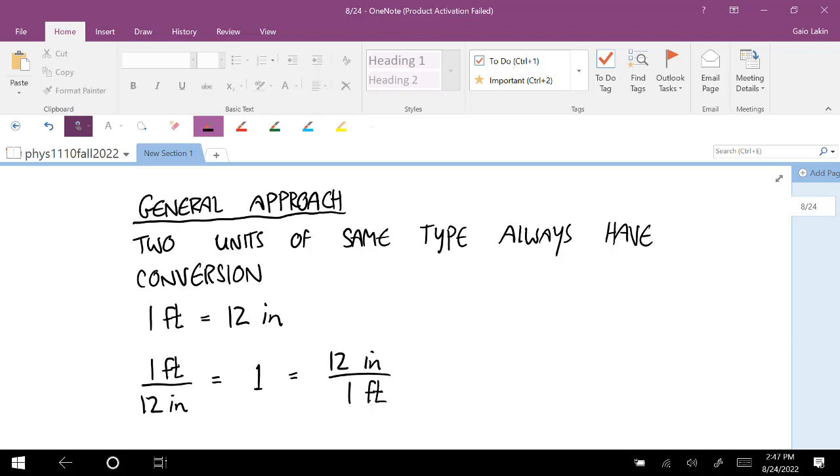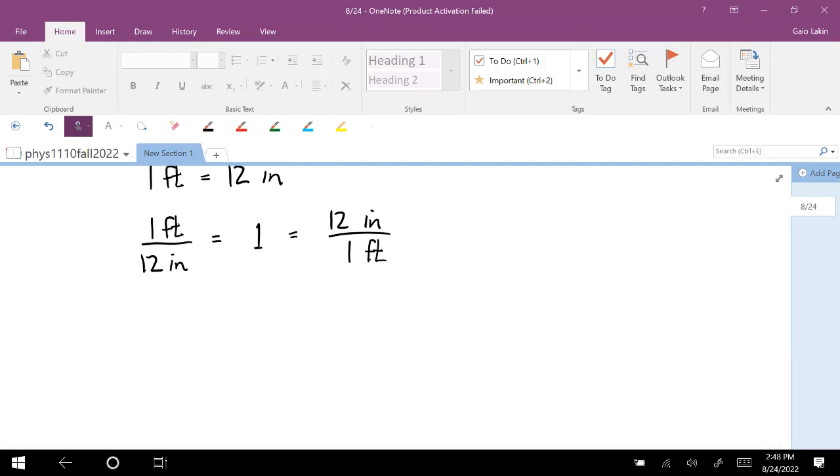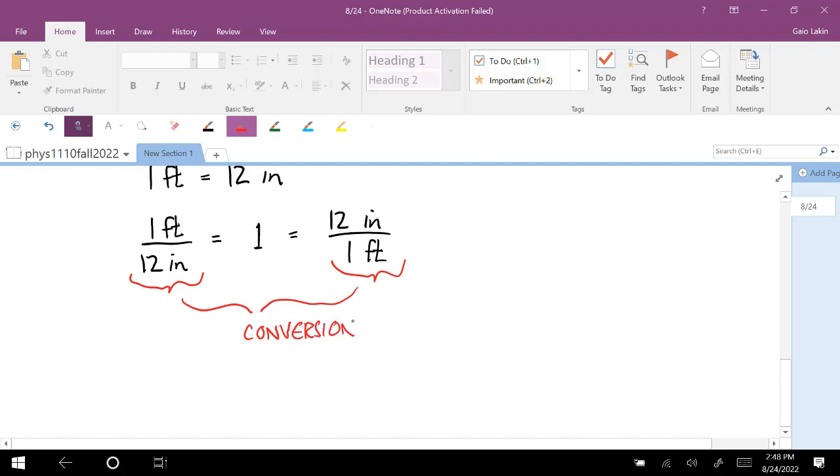And the thing about 1 is you can multiply 1 to anything without changing its value. 100 times 1 is equal to 100, right? So 100 times 1 foot divided by 12 inches is also equal to 100, okay? So we can multiply these ratios to anything we want without changing the starting value. I'm going to call these two things the conversion factors. Factors mean we're going to multiply it to stuff.